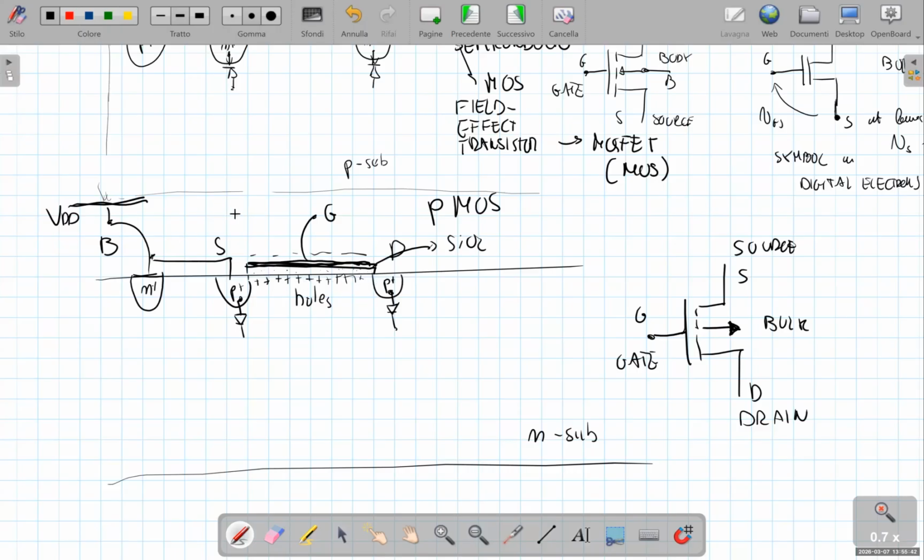Okay, so if we connect the gate to a high voltage, we do not have any conductive channel.